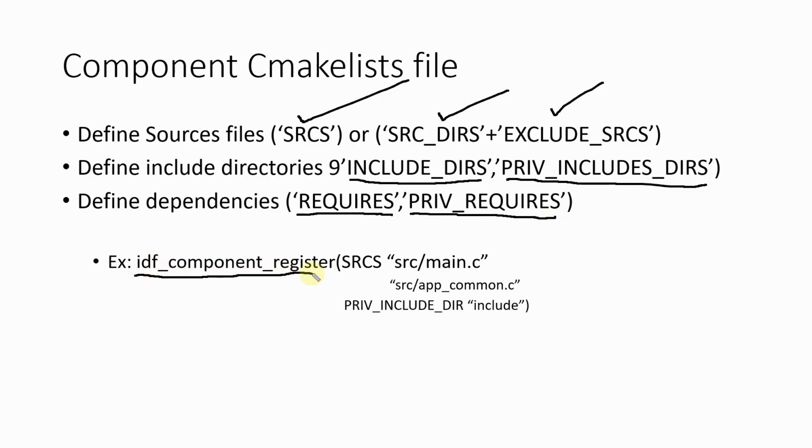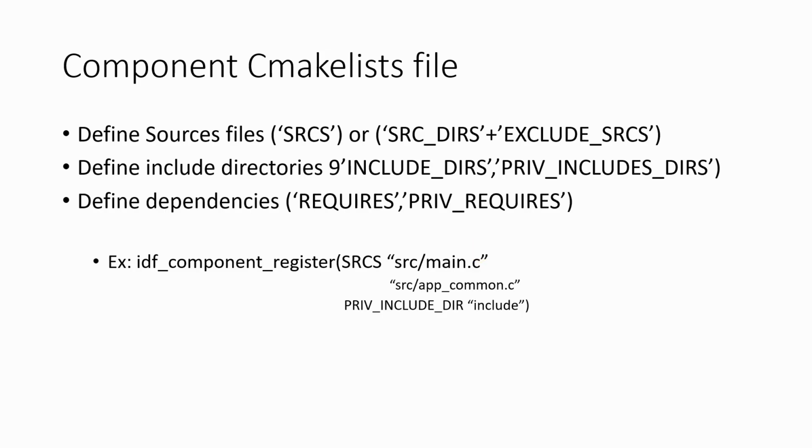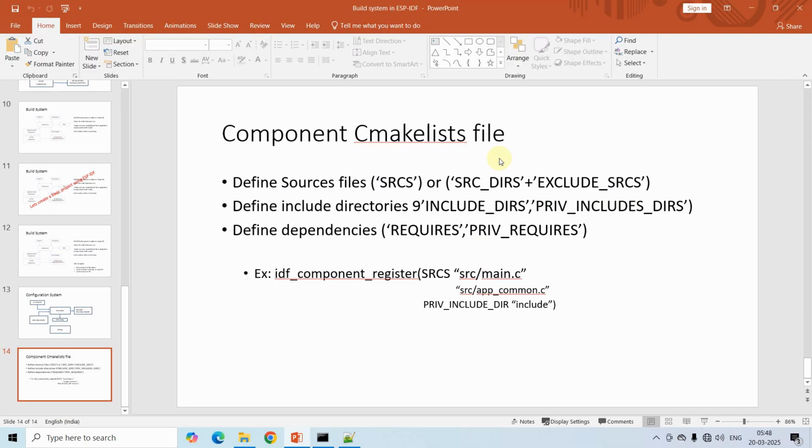For example, for the IDF component registry you can use this particular command, and inside the brackets you can give as many commands like this as you can for including all the files inside the CMakeLists file. So this is the basic structure of the CMakeLists file available in ESP-IDF. We will be defining source files, include directories, and dependencies for your project using all these commands. These are all the basic things that we will be doing in the CMakeLists file.